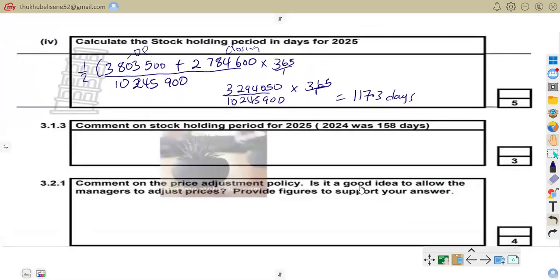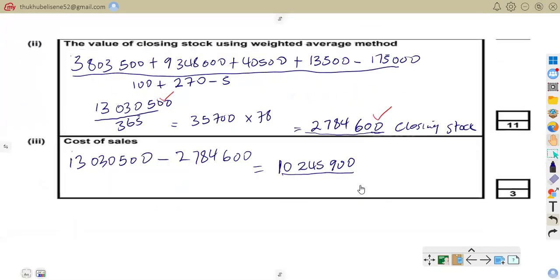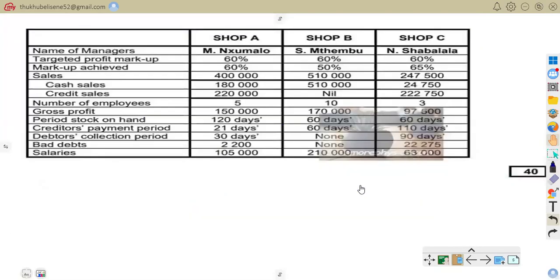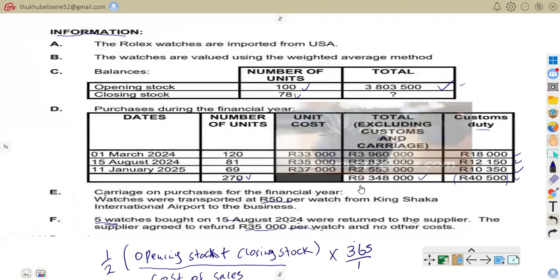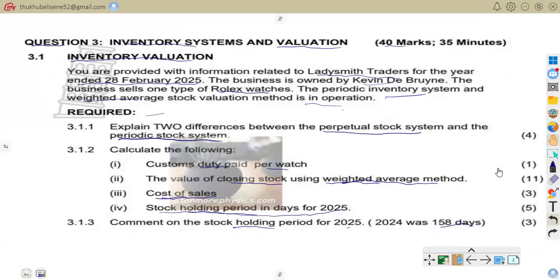So that is that. Now let us go to another question and see what it wants. 3.13 says comment on the stock holding period for 2025. 2024 was 158 days. So 2025 is how much?